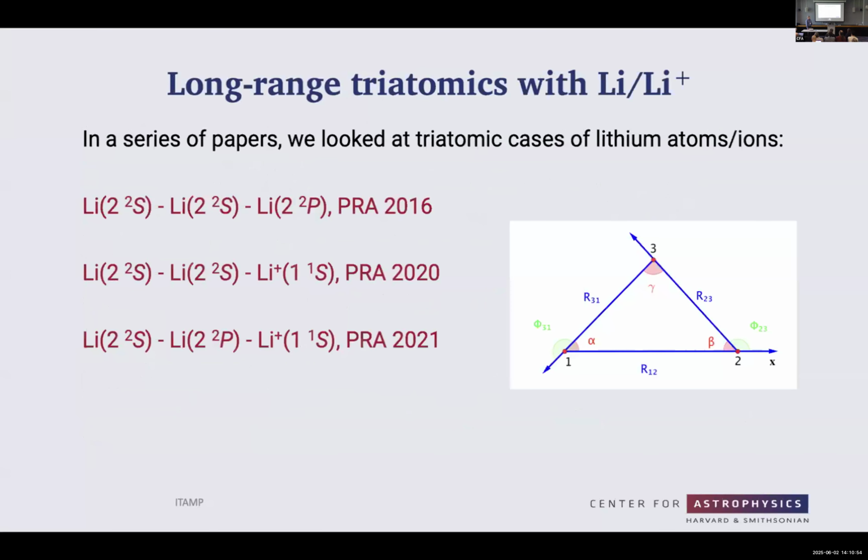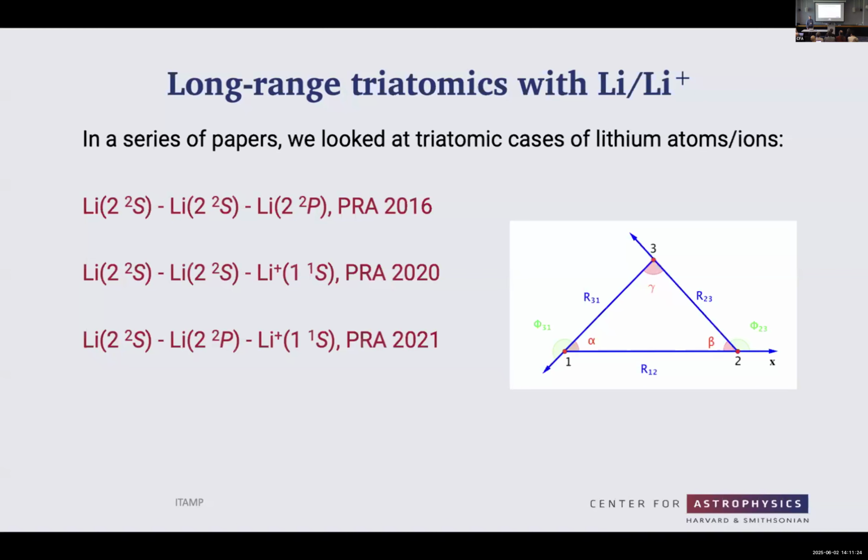do some calculations. So what we did was these three cases: ground state lithium, p-state lithium, lithium ion; ground state lithium, ground state lithium, lithium ion; and ground state lithium, p-state lithium, lithium ion. There's a series of papers over the years, and they're just packed full of equations. So I'm going to try to spare you, kind of an experiment for me.